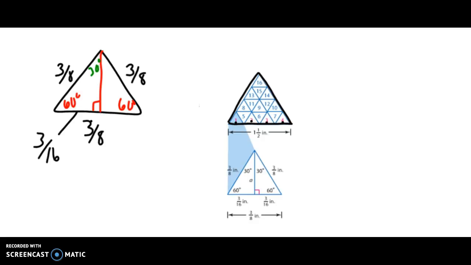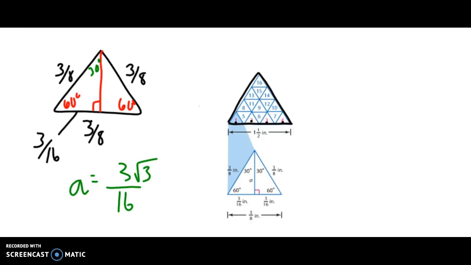So now to find the altitude, we said in a 30, 60, 90 triangle that altitude is going to be equal to 3/16 times the square root of 3. So I'll put square root of 3 with the 3 on top. And since we know that, we can figure out that each one is going to be 3 square roots of 3 over 16.